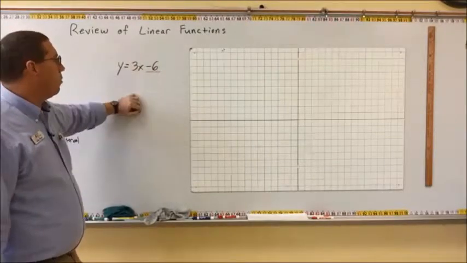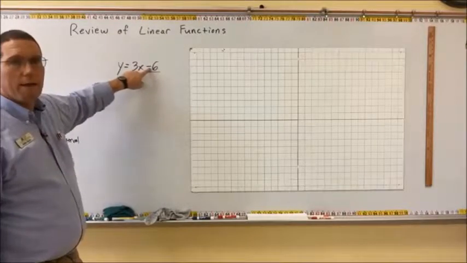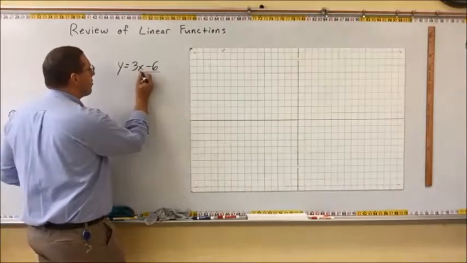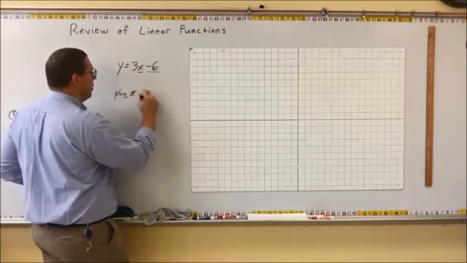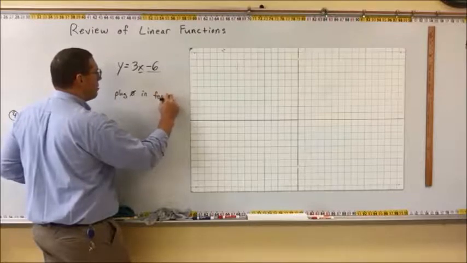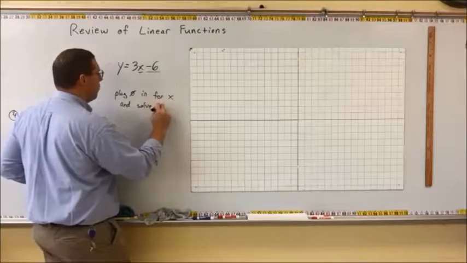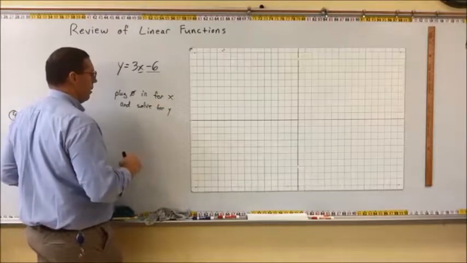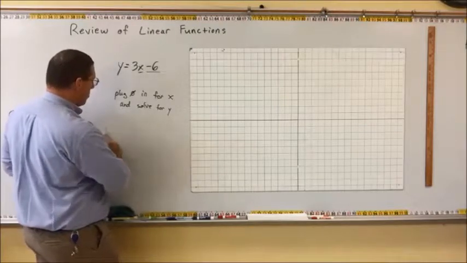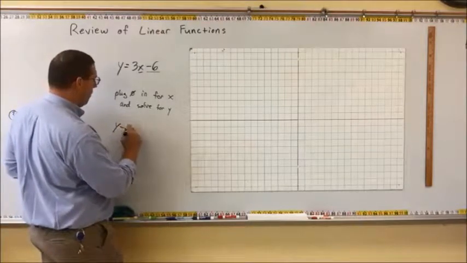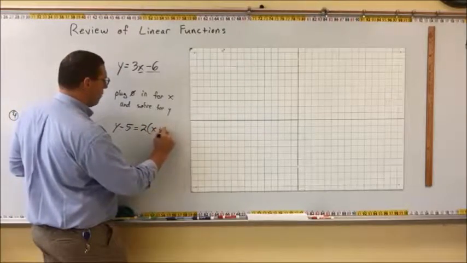But even if you're not in slope-intercept form, the way that you can plot the y-intercept is by plugging 0 in for x and solve for y. So even if we had, let's say, y minus 5 is equal to 2 times x plus 4, right?